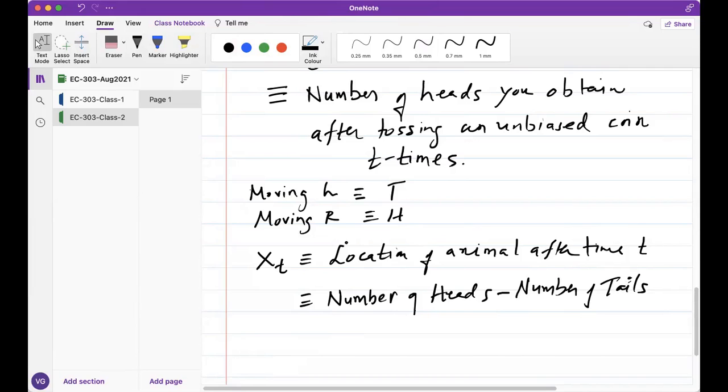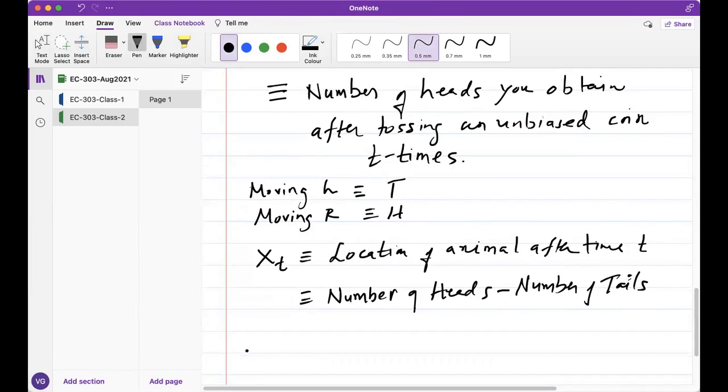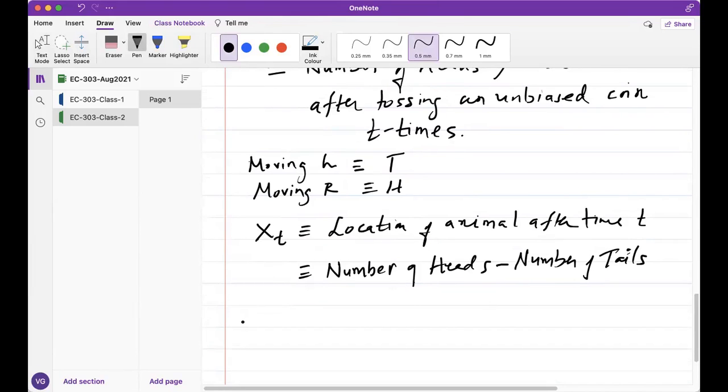In fact, what you do find is that if you toss a coin n number of times, what is the probability that k of them will be heads? Let's ask this question.